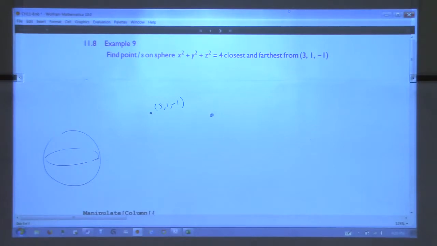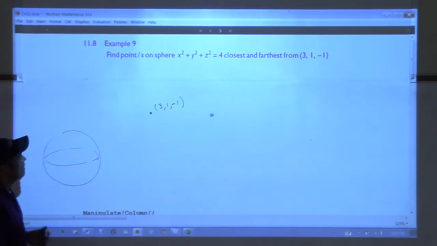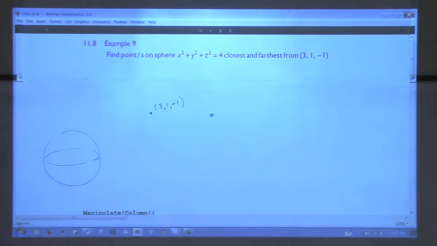So let's start with the idea of what we're trying to find the max and min of. Like a distance, right? I want you to think through this one. I could just tell you, but I want you to think through it. What is our objective?